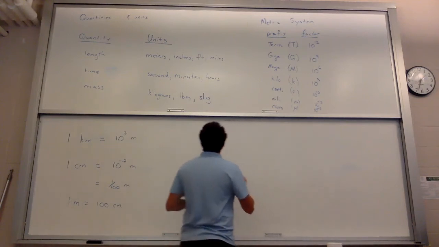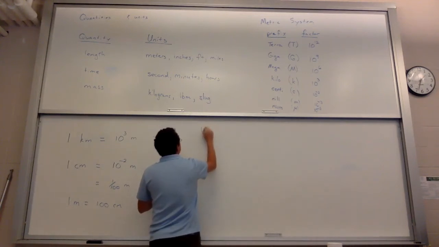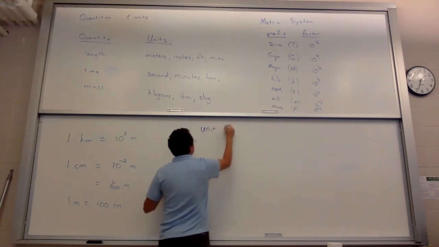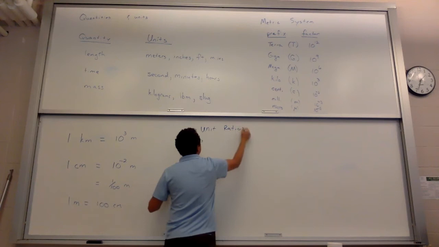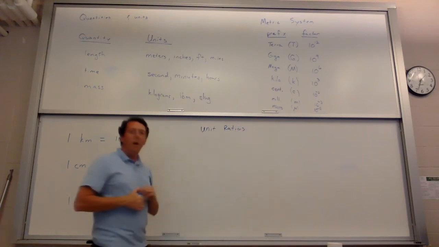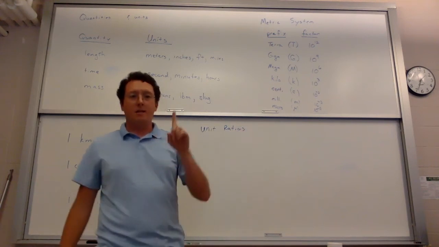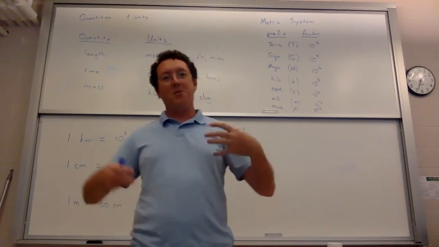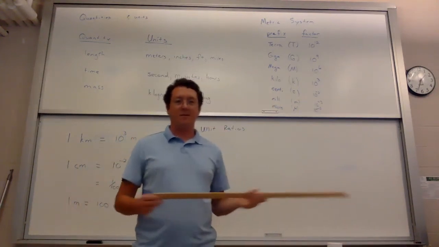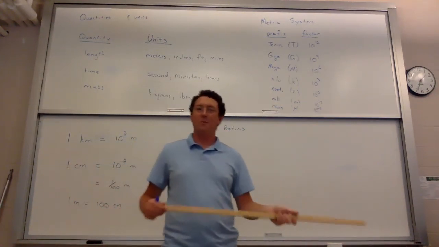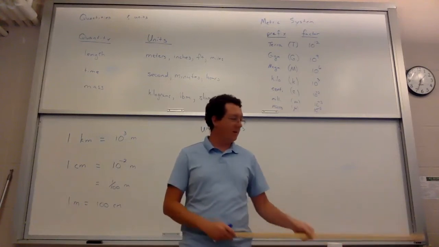So let's talk about unit ratios. Unit in math class means 1, but we also use it to indicate choices of quantity that we make references back to.